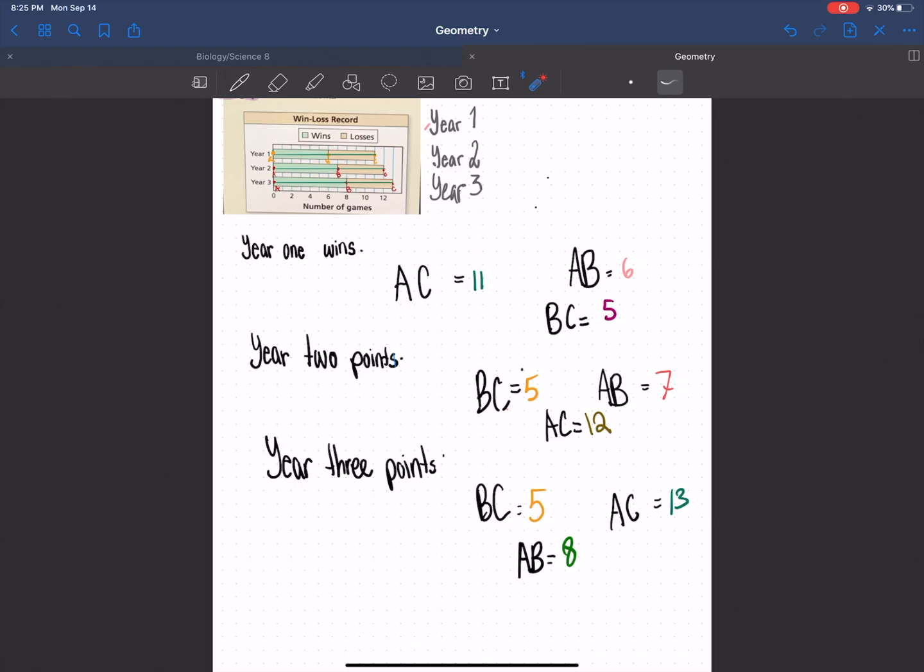How many more wins did the lacrosse team get than losses in the 3rd year? To answer that question, we know that there are more wins than losses for the lacrosse team in the 3rd year.